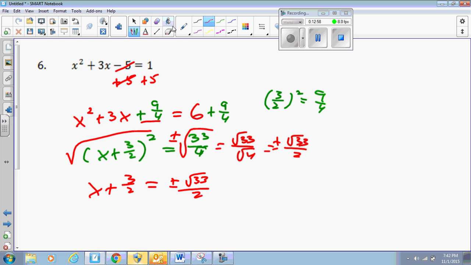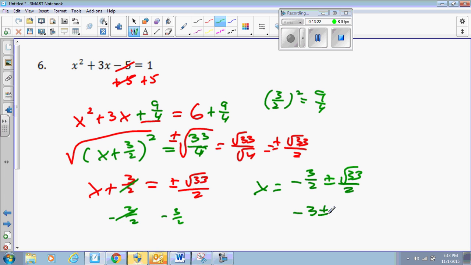And now I need to get rid of that 3 over 2, so I'm going to subtract 3 over 2, minus 3 over 2, and these will cancel, and I have x equals negative 3 over 2 plus or minus the square root of 33 over 2. This would be acceptable. A lot of times we'll see it like this, all over 2. That sometimes is taken. I'll take either one of these.